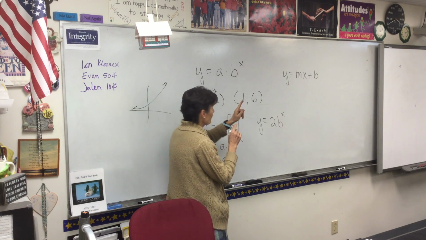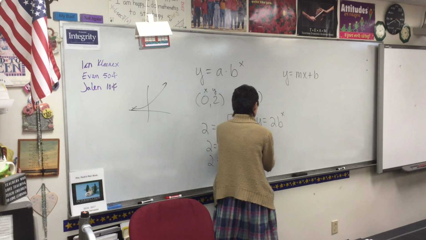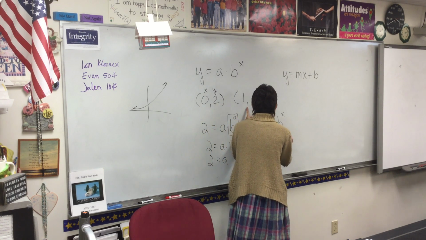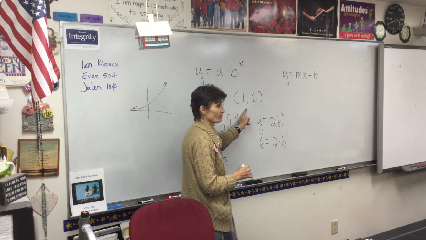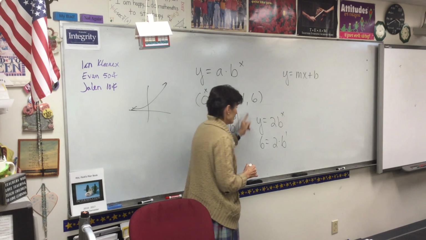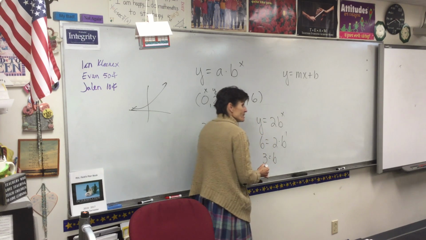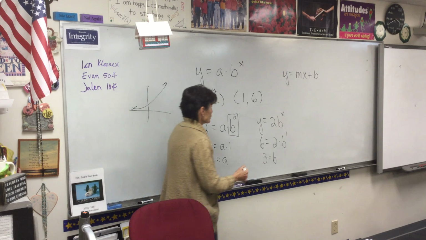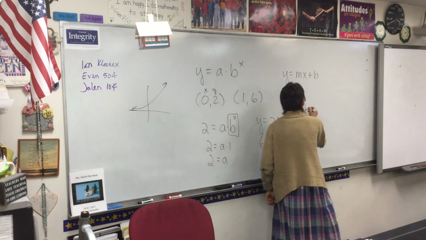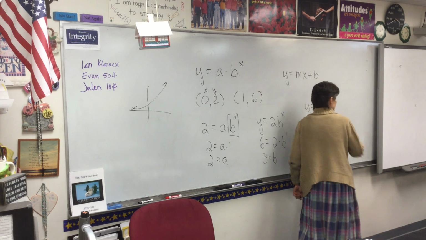Guess what I'm going to do now? I'm going to plug in the other point. So 6 equals 2 times b to the first. So I'll divide both sides by 2. So b equals 3. So my equation is y equals 2 times 3 to the x.